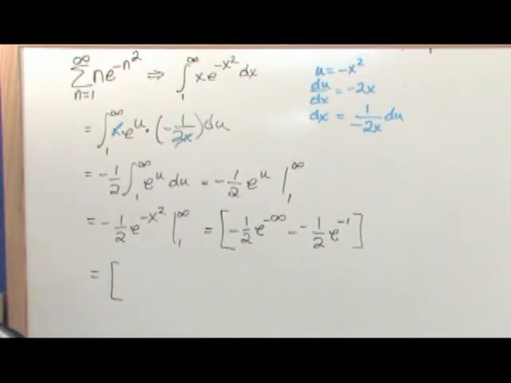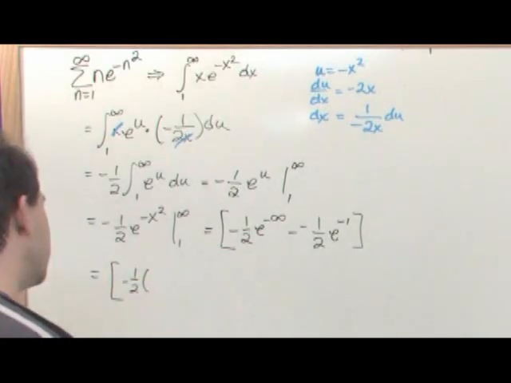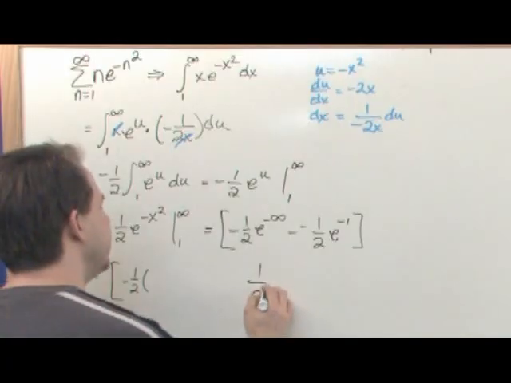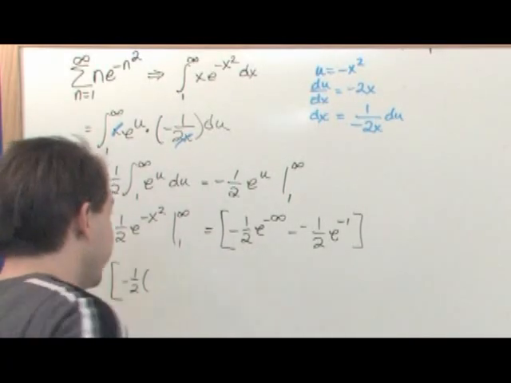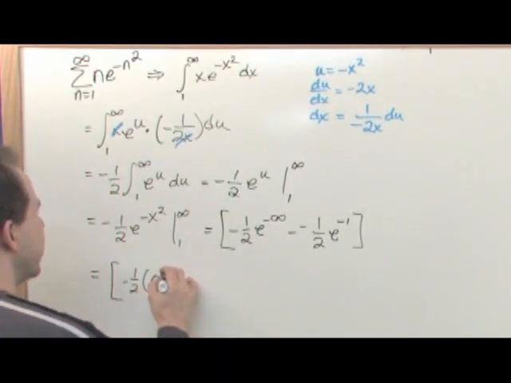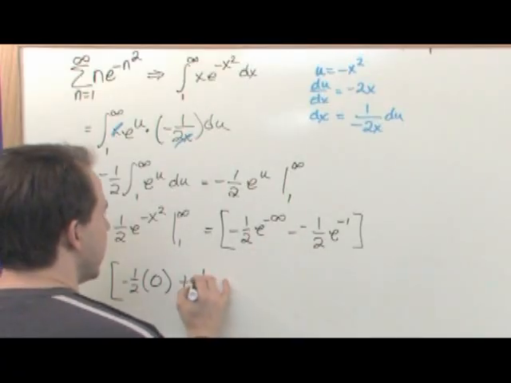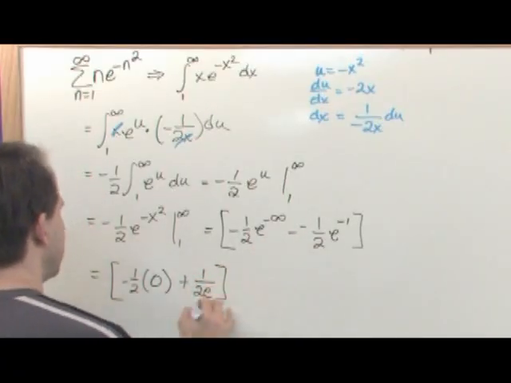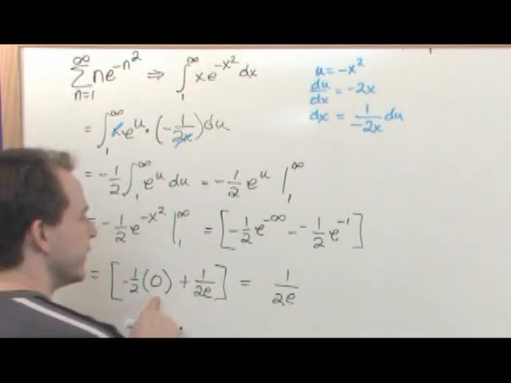I've got negative 1/2 times, what is e to the negative infinity? Well, that's the same thing as 1 over e to the infinity, so it's going to be 0, because that denominator is going to go through the roof. So this is 0 right here, plus, because of the double negative here, 1 over 2e. So the answer here is 1 over 2e, because I've multiplied by 0 here.